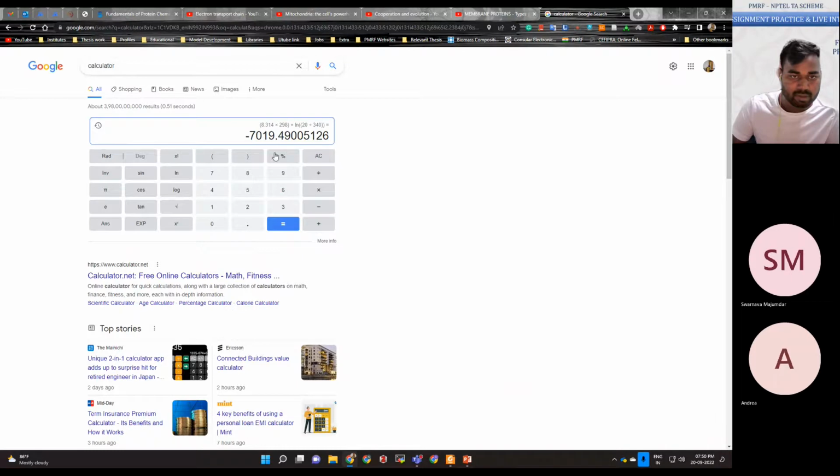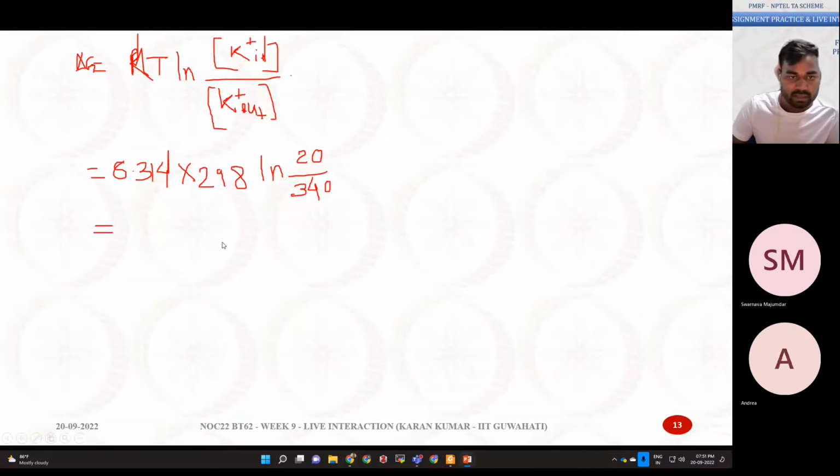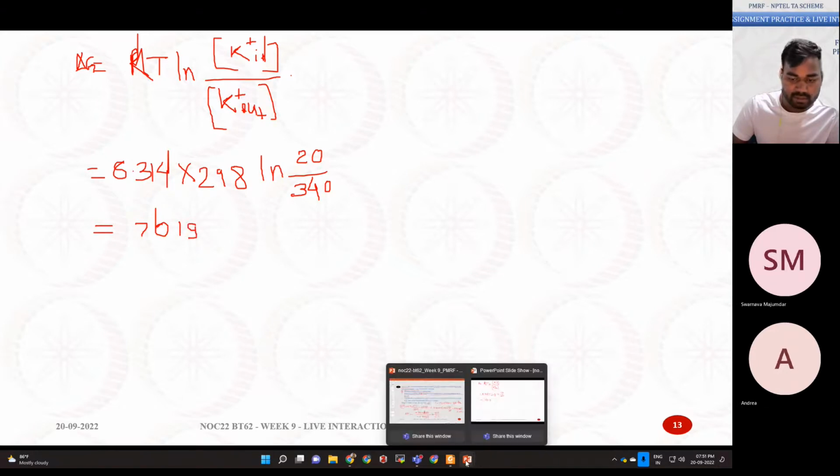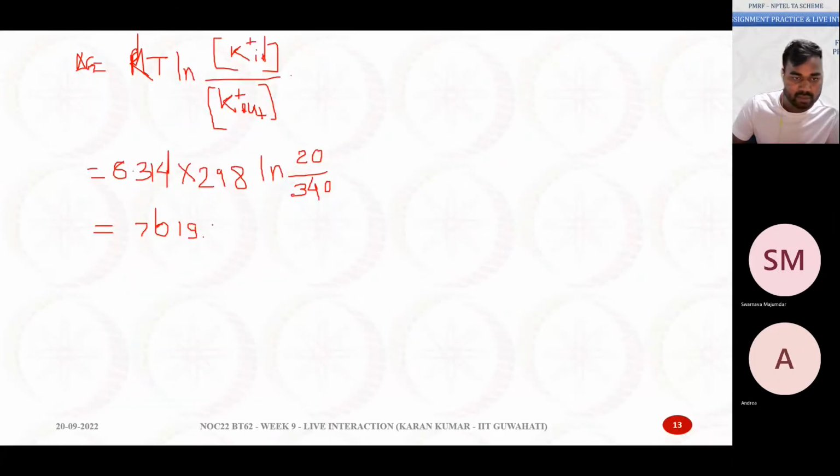This gives you the Gibbs free energy, about minus 7019.49.